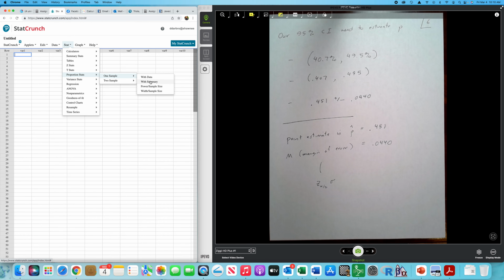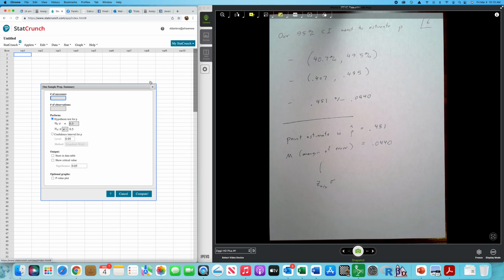But I don't have the data. I have a summary given to me. So let's do summary. The number of successes are the people who reported a fear of flying. The number of observations are the total number of people that we sampled.